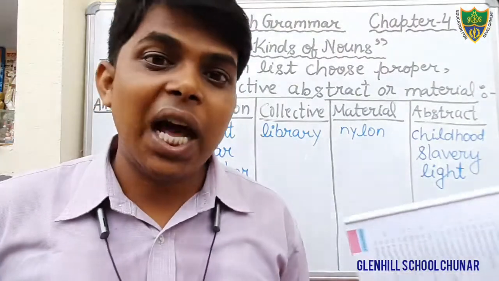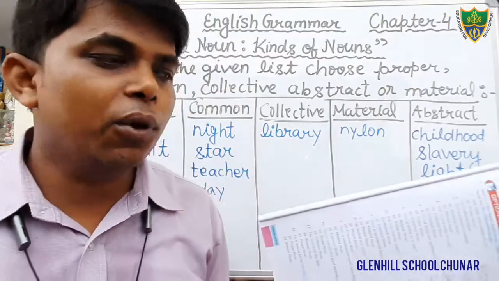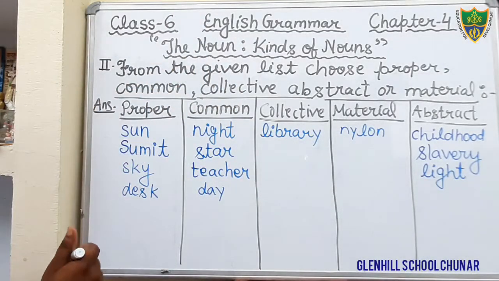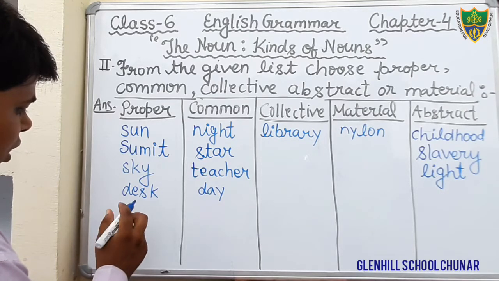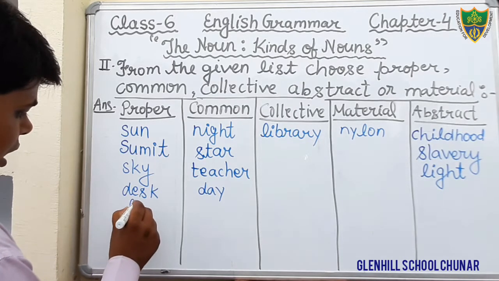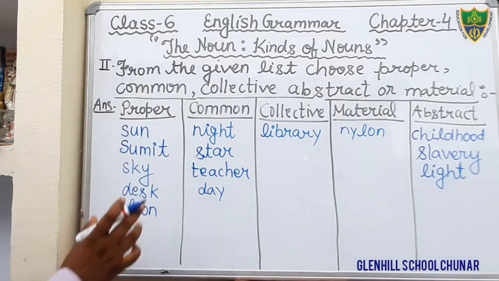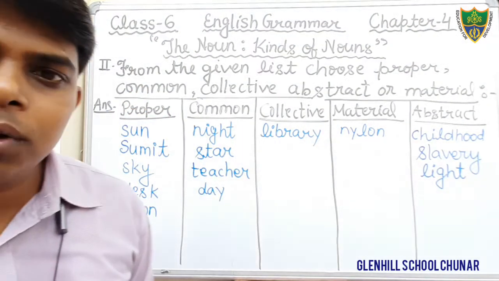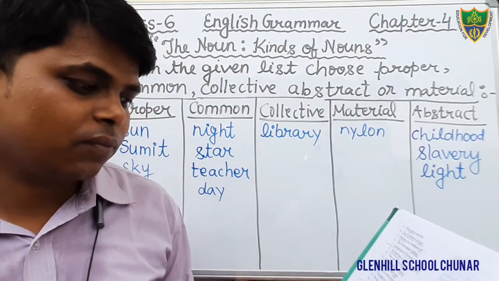That is lion. Lion is the name of a particular animal. Therefore, that is proper noun. So, in the category of proper noun, you will write the word lion. Lion. Okay. So, students, just write down the word lion in the column of proper noun.